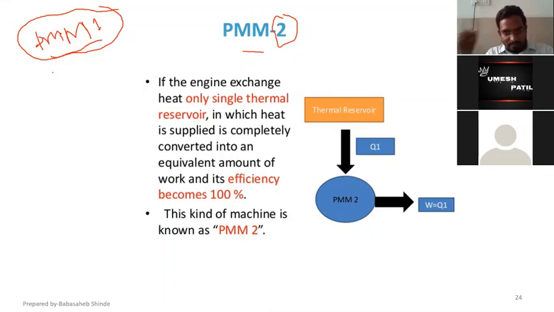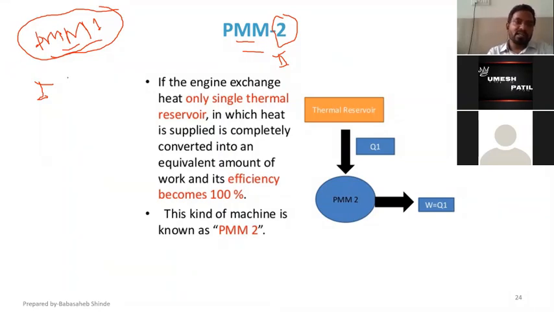Sir, if we do not provide any external input to a machine and it produces work, it is not possible. Okay, good. So in short, PMM1 is related to the first law of thermodynamics, and PMM2 is related to the second law. The first law says you cannot create energy, you cannot destroy energy, you can just convert it from one form to another.